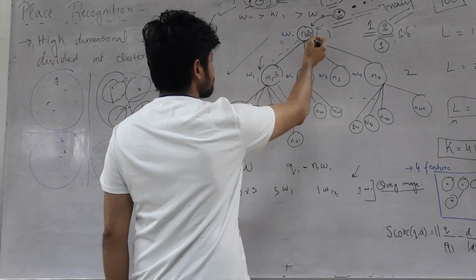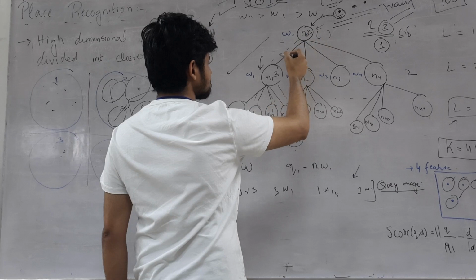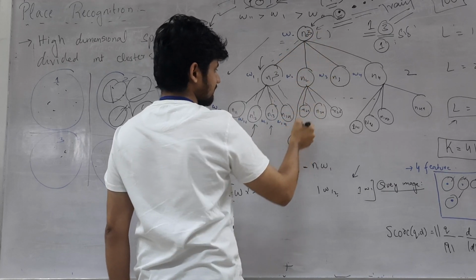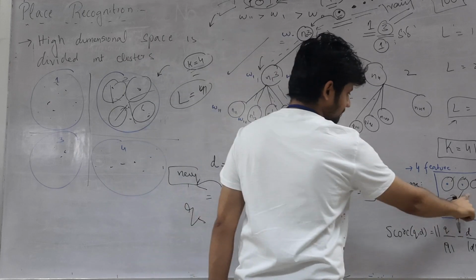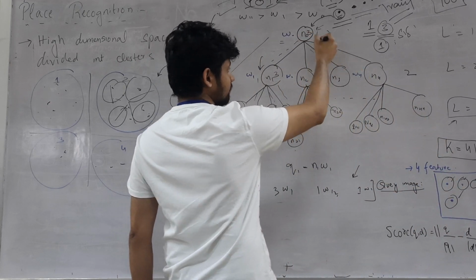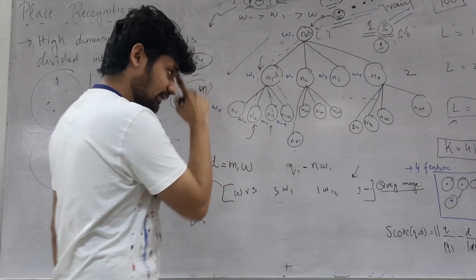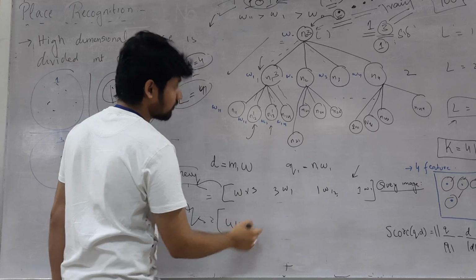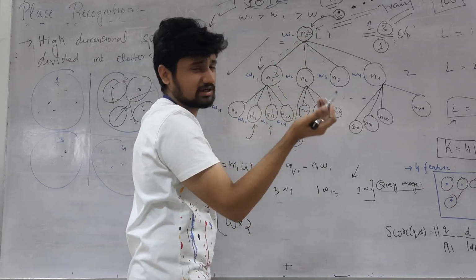Let's say your query image took this path, this, and then this. And for example, the second descriptor took this path, this, and this. This is the second path of the second descriptor, and this is the third path. Let's say it was taken here, and the fourth one was taken, let's say here. So again, you will make a similar vector with respective weightage. For example, node 1 will be visited obviously 3 times or 4 times.